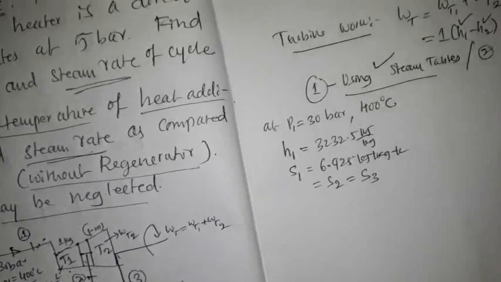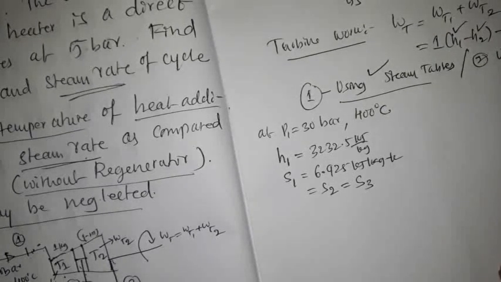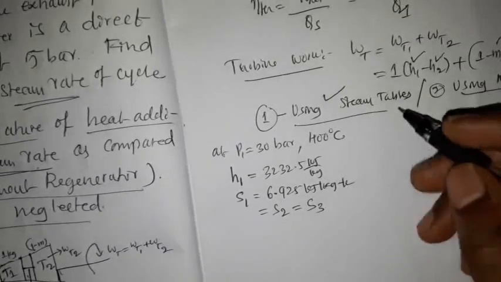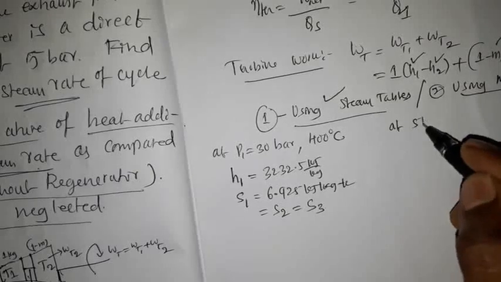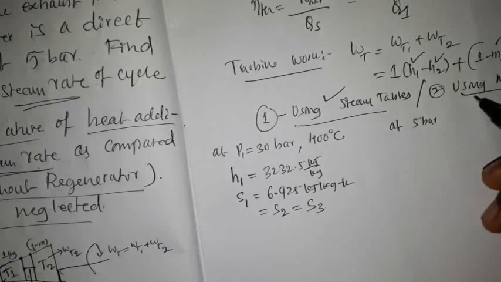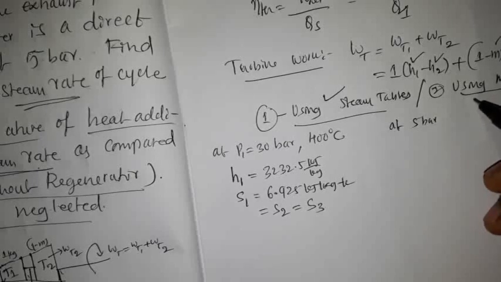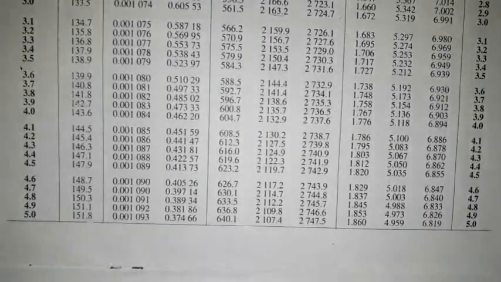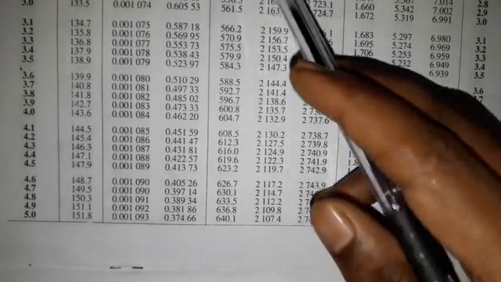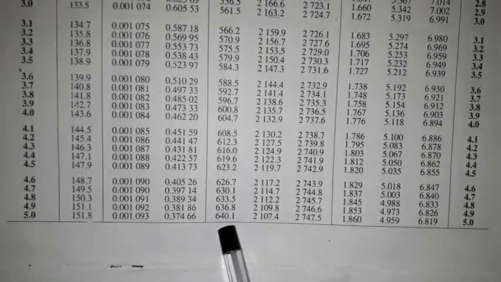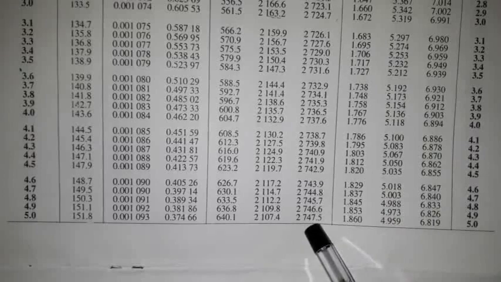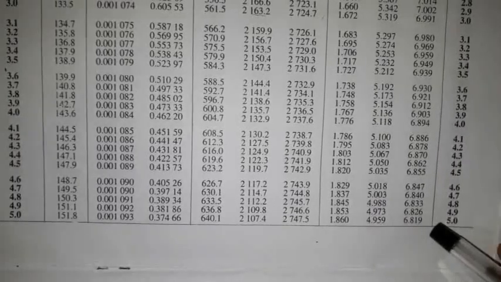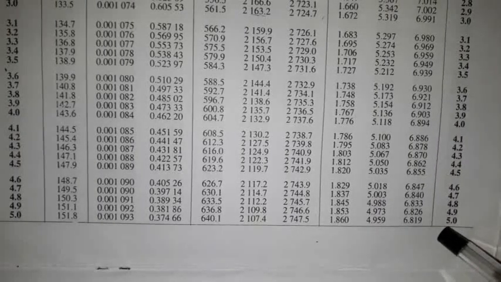So now here let's note down the properties at 5 bar pressure from the steam table. At 5 bar I have Hf value 640.1, Hg value 2747.5, and Sg value 6.819 kilojoule per kg Kelvin.